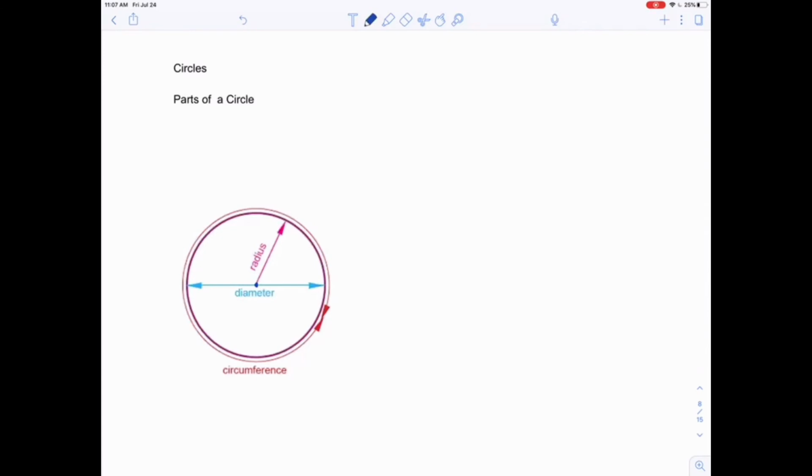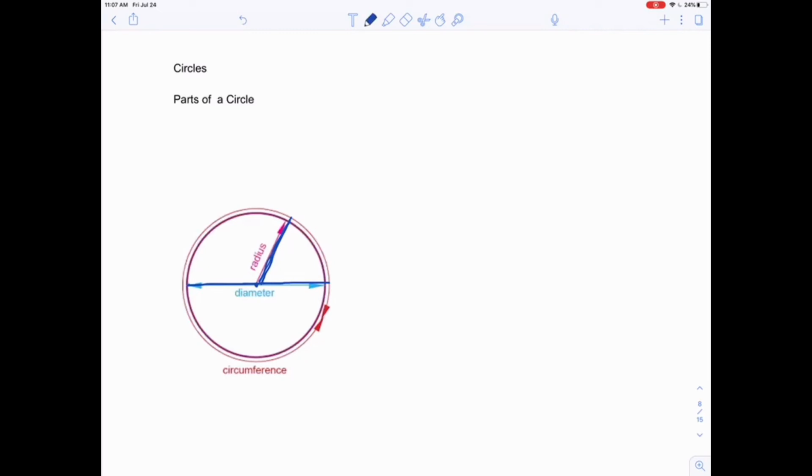We have the radius. The radius of a circle starts at the center and goes all the way to the edge of the circle, okay? This is the radius. And then we also have the diameter. The diameter starts at one edge of a circle, goes all the way through the center to the other edge of the circle.